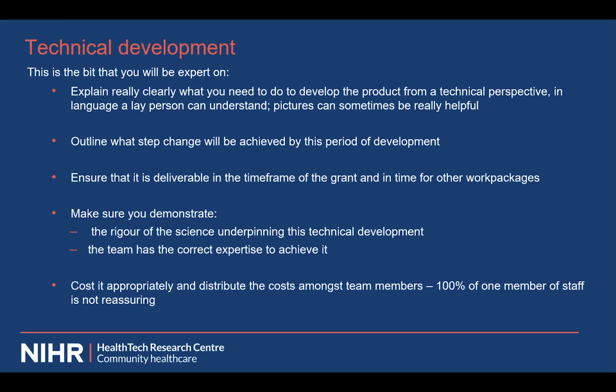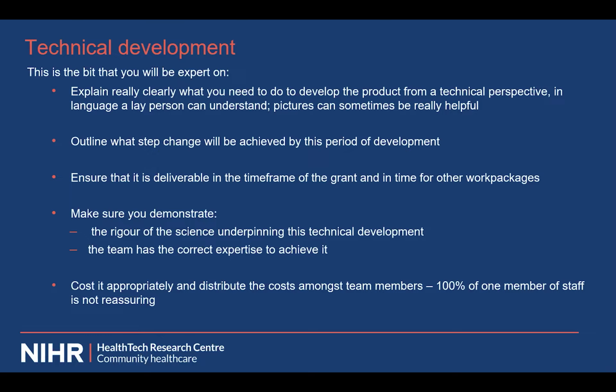So try to be selective about a picture. Show us what it looks like, great. Give us a key graph from your proof of concept work, great. But really try to explain in lay language how you're going to use the funding to evolve the technical aspects of your product. Be clear again what the step change will be by the end of this period of development.